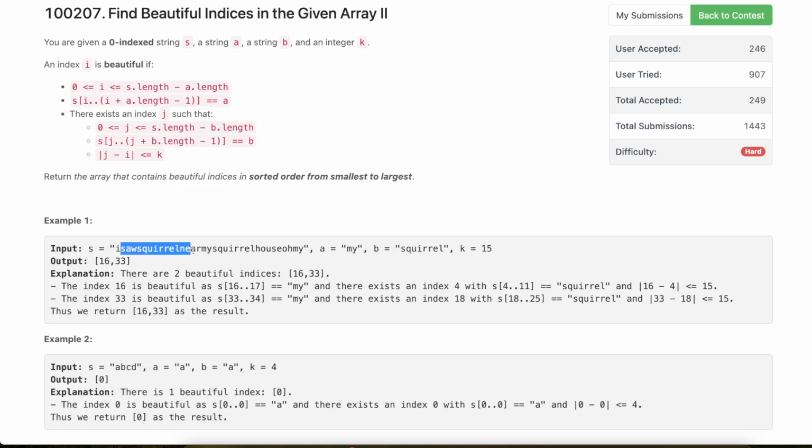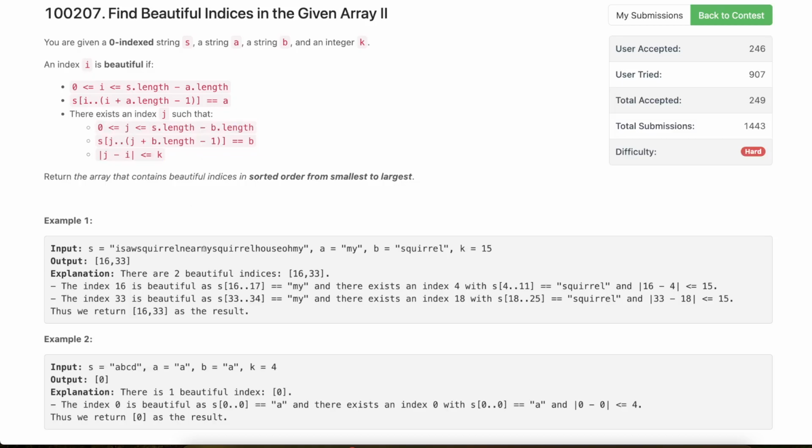Similarly, any of these can't be beautiful. The first thing that can be beautiful is this, because starting at this index we have exact a here. Now this is the first criteria, right? But we have to satisfy the other criteria as well.